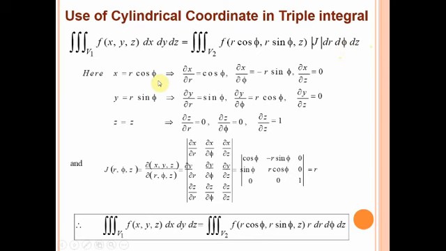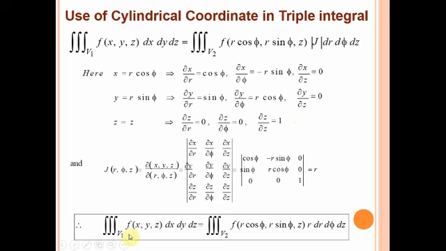Here x is r cos phi, so del x by del r is cos phi, del x by del phi is minus r sin phi, del x by del z is 0. y is r sin phi, so del y by del r is sin phi, del y by del phi is r cos phi, and del y by del z is 0. z is z, so it will give you these values. If we put in the Jacobian function, then we get the resultant as r.